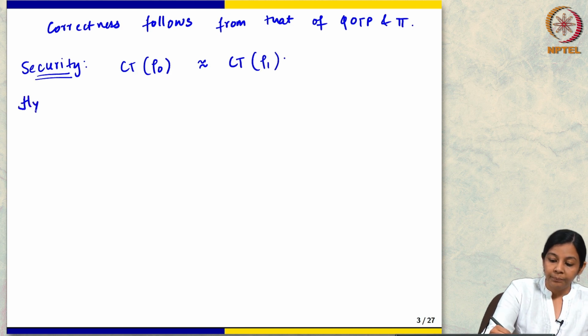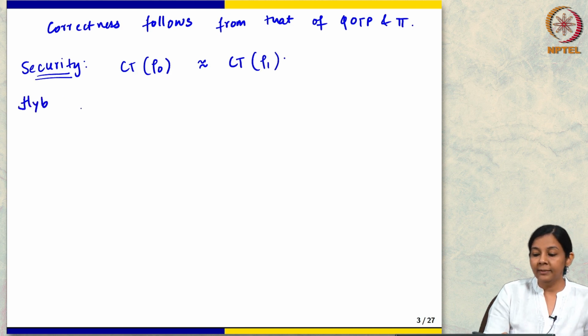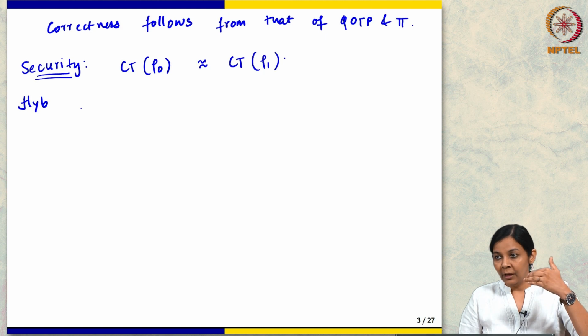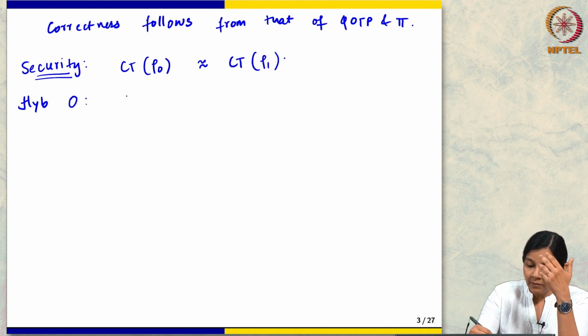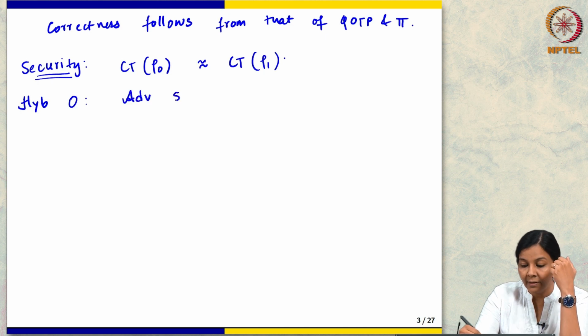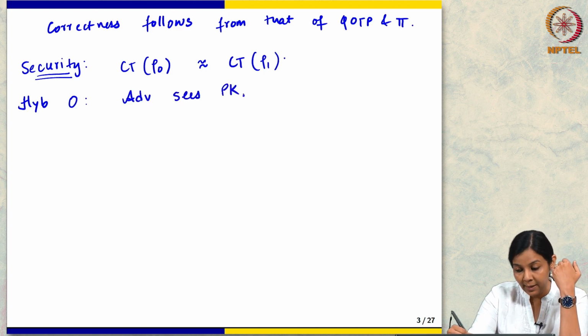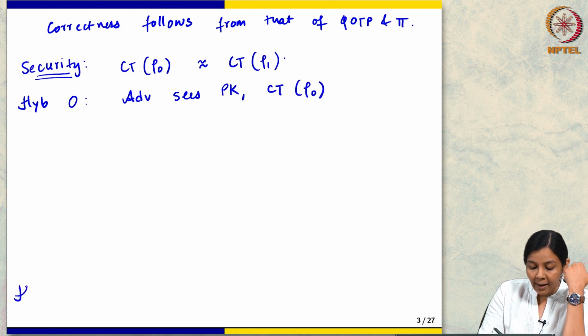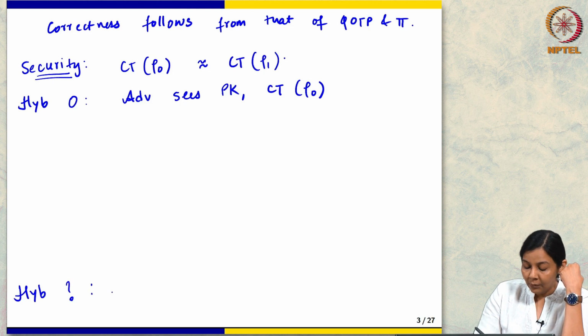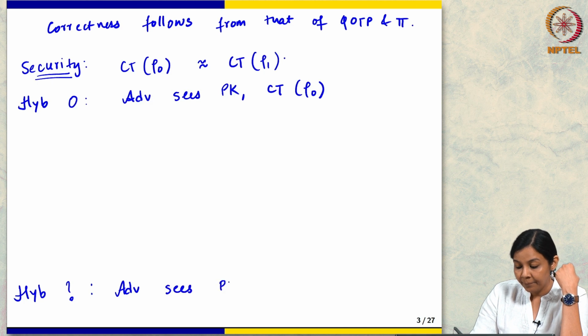As usual, let us try to go step by step. The first step, which we call hybrid 0, is where the adversary sees PK and CT of rho 0, and I want to get to some hybrid where the adversary sees PK and CT of rho 1.